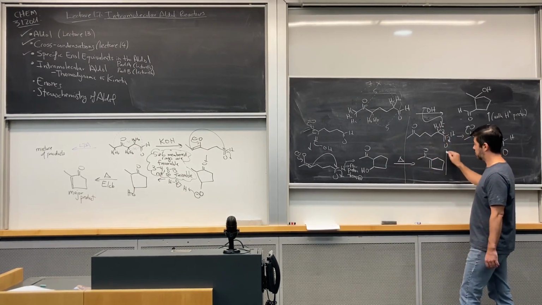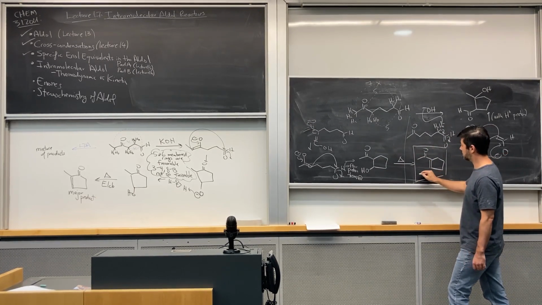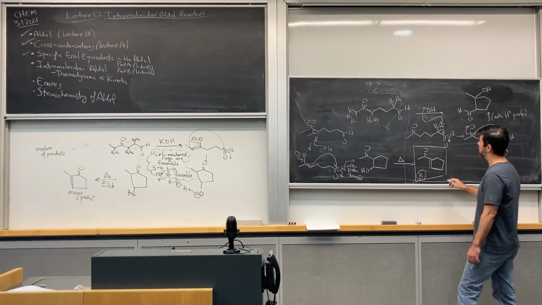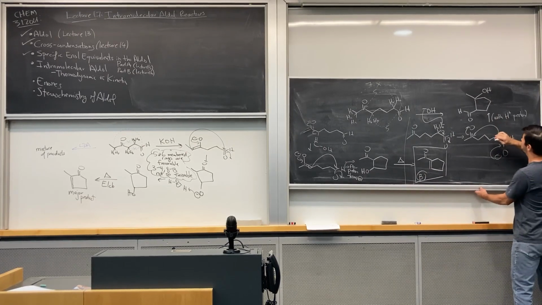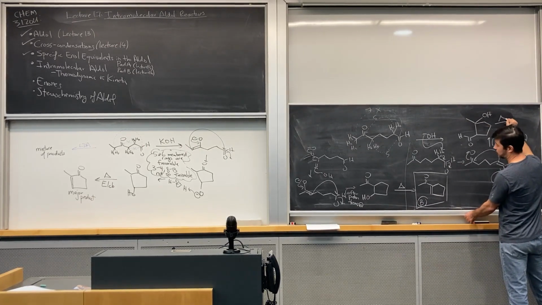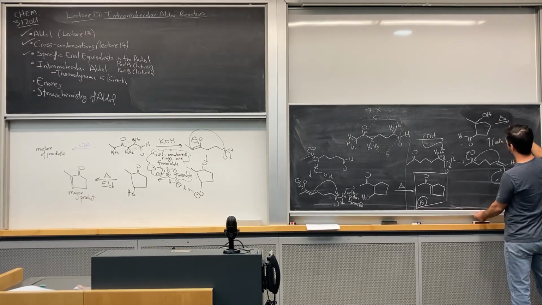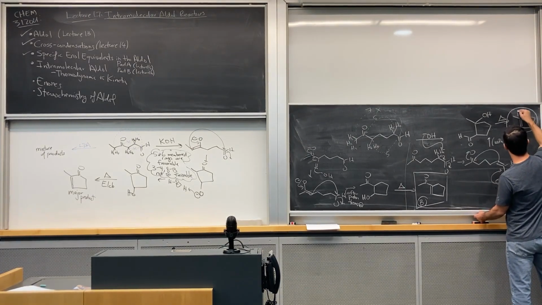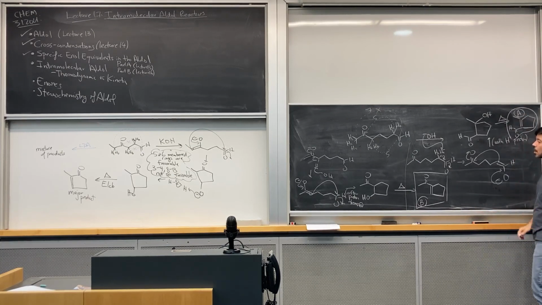That's your product. Let's call this B. If you do the same thing over here and you form a double bond here and dehydrate, you will generate this compound here, which we'll call compound A.